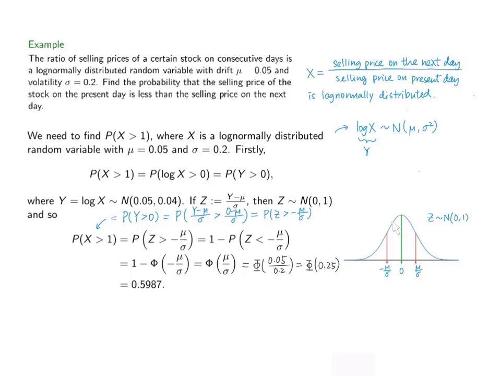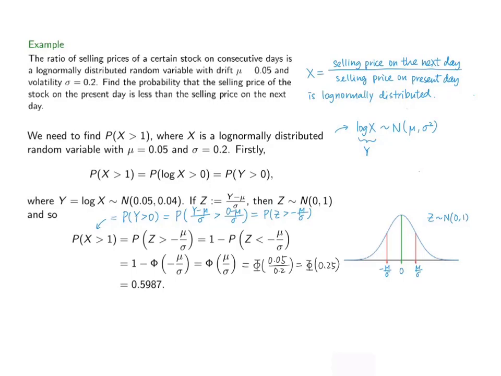Due to the symmetry of the standard normal distribution, the probability that Z is greater than negative mu over sigma is equal to the probability that Z is less than mu over sigma, which is equal to phi of mu over sigma, and it is equal to phi of 0.25 in our case.